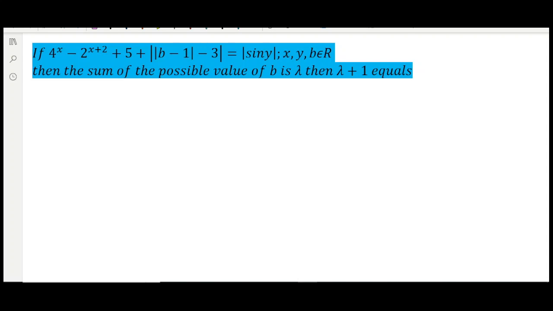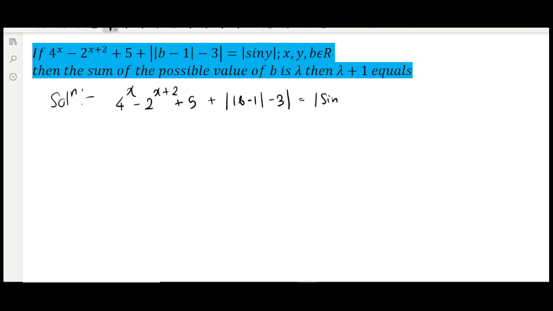In this problem there are three variables basically. If you read the problem completely, first have a look at it, you will identify that there are three variables. One is x, then b, and y. Three unknowns, basically constant or variable.